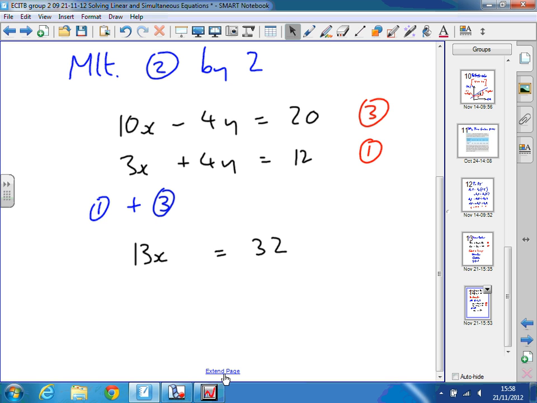We divide both sides by 13, and therefore x equals 32 divided by 13, which is 2.46, to 3 significant figures. So again, if we're going to round, give the accuracy, or write down the accuracy.